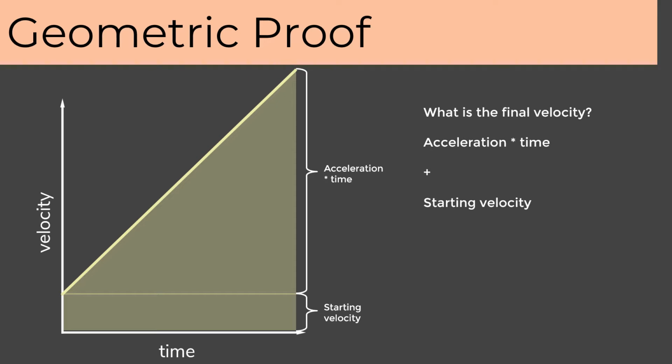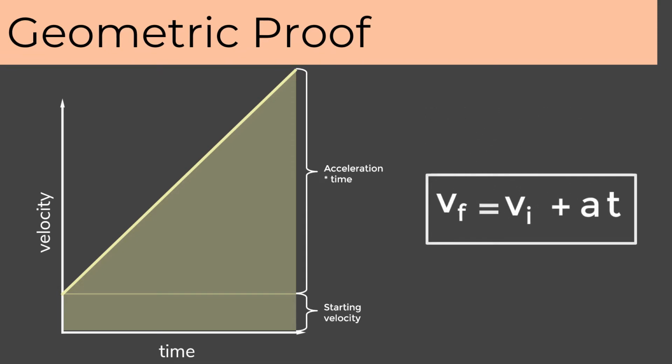Y equals mx plus b. Y is the final velocity in this case. M is the slope, or acceleration. X is the independent variable, or time. And b is the y-intercept, or the starting velocity in this case. We can represent each of these with a variable, and we have our first kinematic equation.